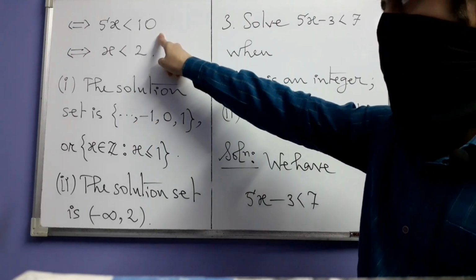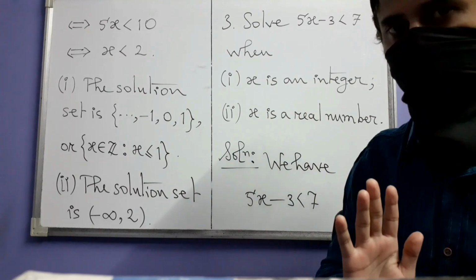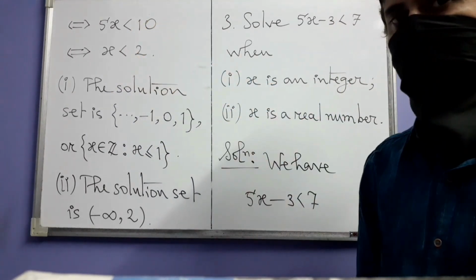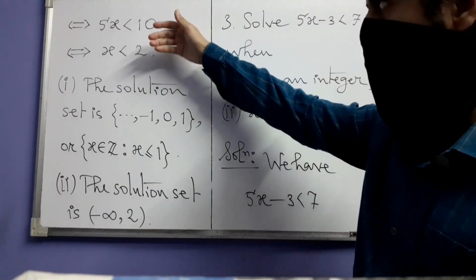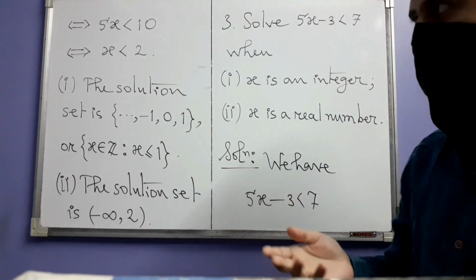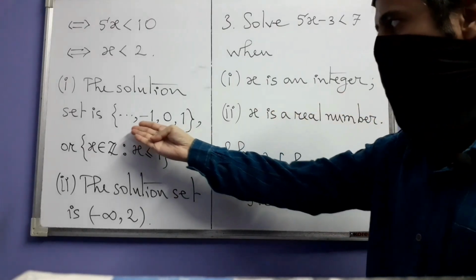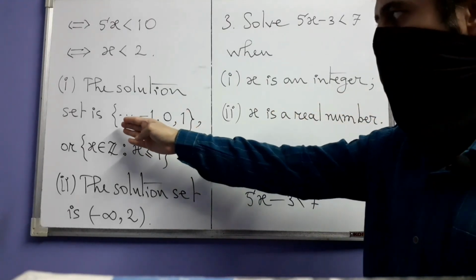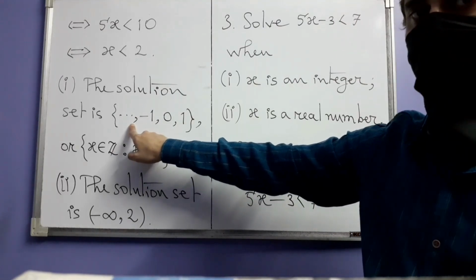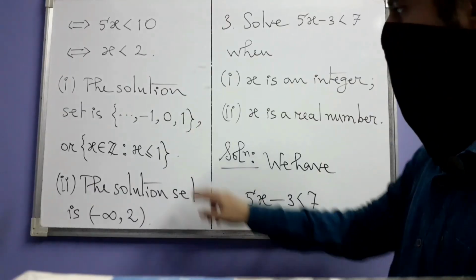And then in the next step, we divide both sides by 5. Because 5 is positive, the inequality retains its direction. And 10 divided by 5 is 2. So x needs to be less than 2. Now under the condition that x has to be an integer, these are the solutions. All the integers less than 2. You see the ellipses on this side because we have infinitely many integers on that side.